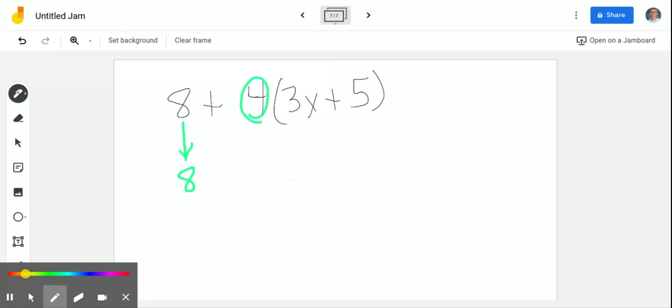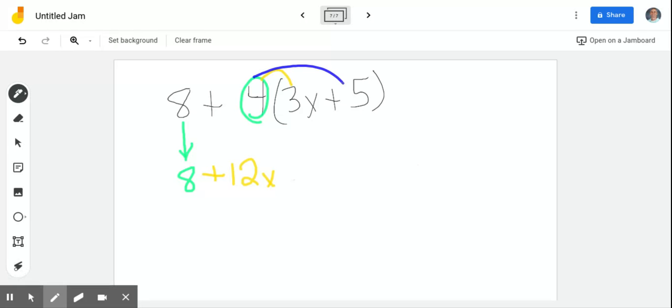It's a positive 4. Positive 4 times positive 3x is going to give us positive 12x. All right, now we got positive 4 times positive 5 gives us positive 20.